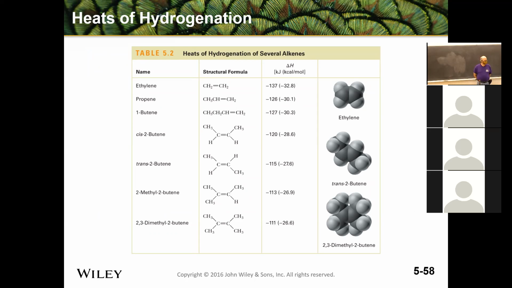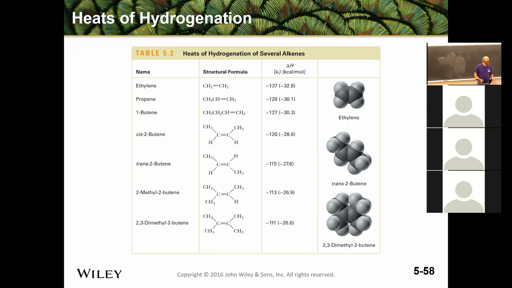When we talk about this alkene being more stable than that alkene, when we talk about elimination reactions later on in the course, where we form alkenes, the more stable alkene is preferred. One of the ways that we can judge that an alkene is more or less stable is by calorimetry.